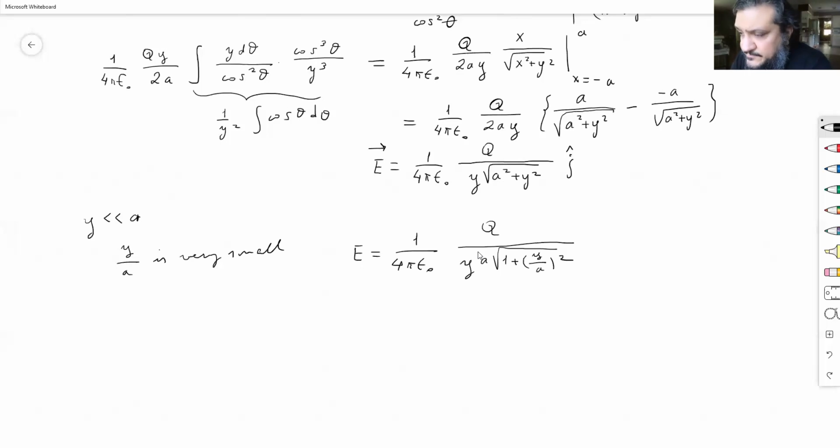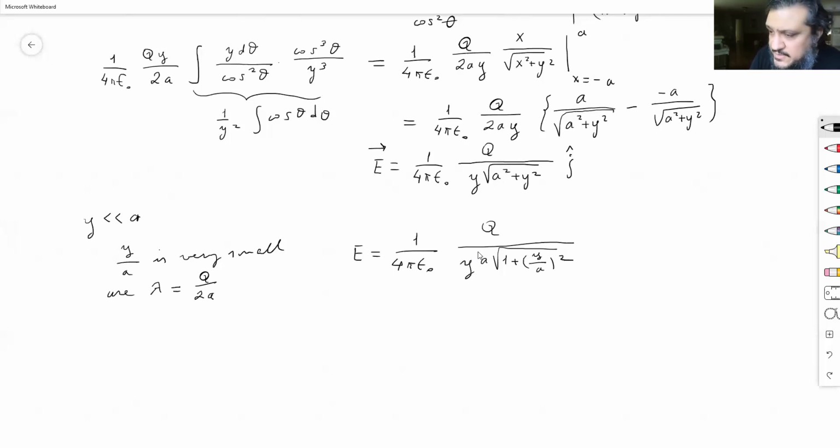So you're really close to the charge. And let me do one more thing. Since it's an infinite line of charge approximation, it's better to use the charge density, call it lambda, q over 2a. We used this in the beginning without naming it. Now I'm going to call it lambda.